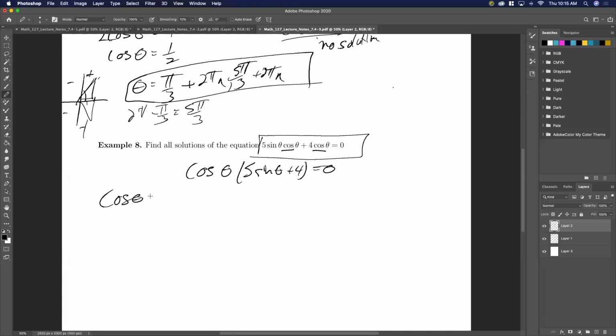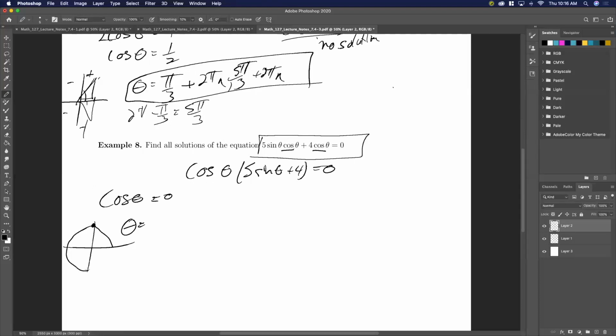So cosine theta equal to 0. Well, where's cosine theta equal to 0? Cosine is 0 here, at pi over 2.